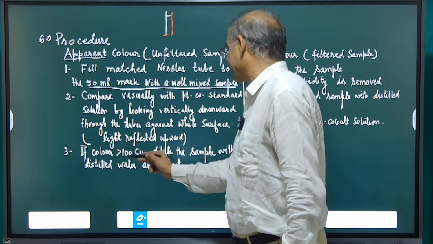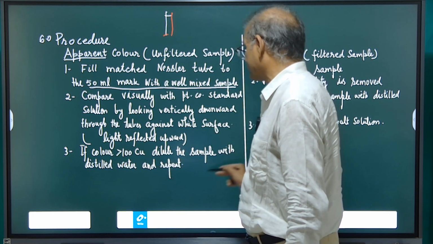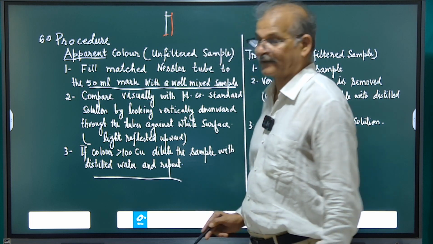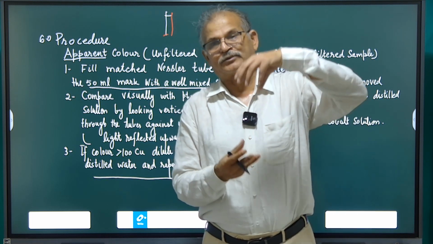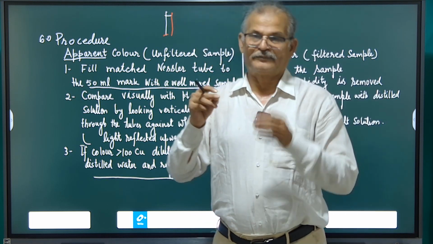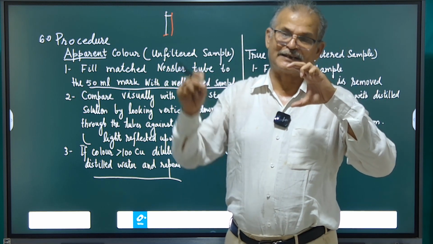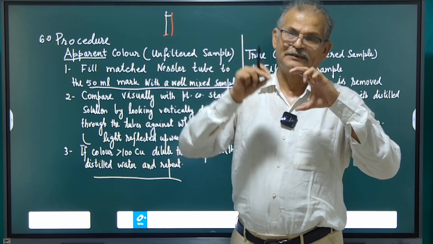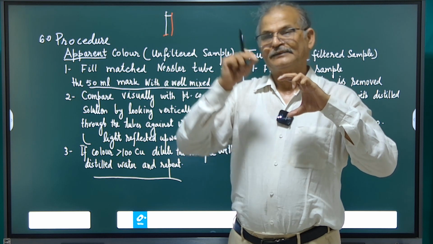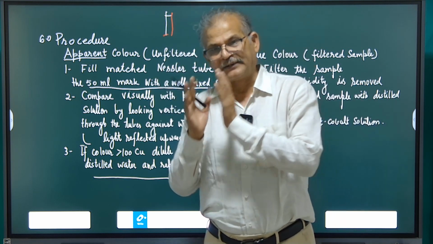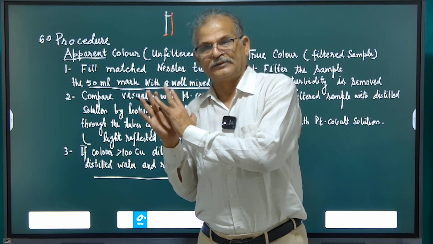If color is greater than 100 CU, dilute the sample with distilled water and repeat. Once color is more than 100 color unit, we dilute the sample and record in 50 ml how much we have diluted, how much distilled water we have added. This will again be used in the calculation.